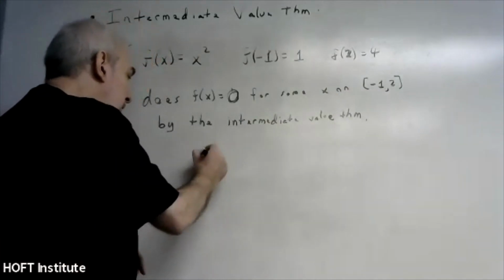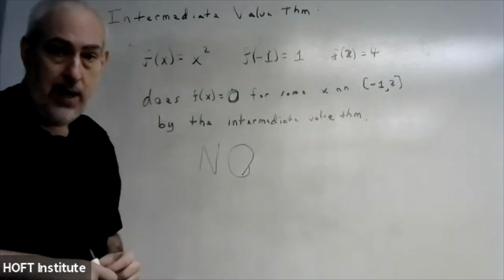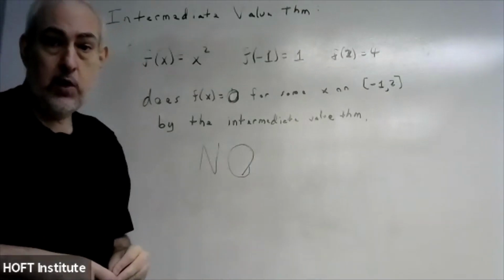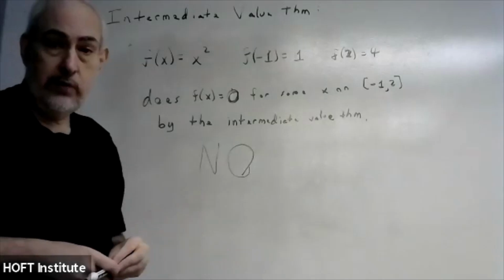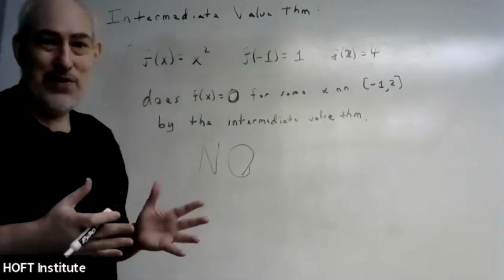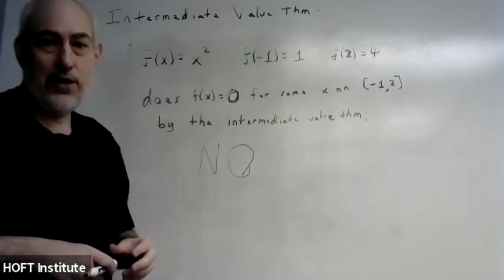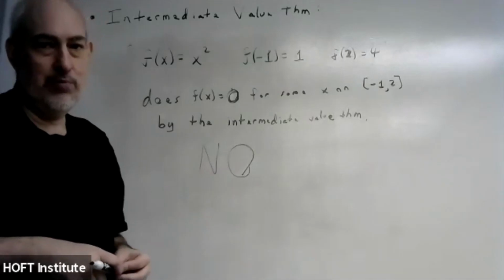Therefore, the answer to this problem is no. You cannot apply the intermediate value theorem to prove that f of x equals 0 for some value of x between -1 to 2, even though, yes, f of x equals 0 at x equals 0. You just can't use the intermediate value theorem to prove it.